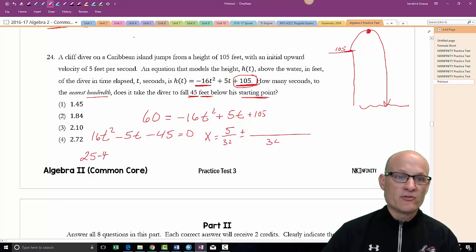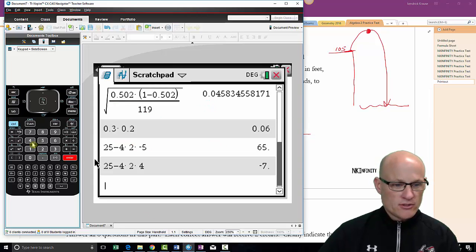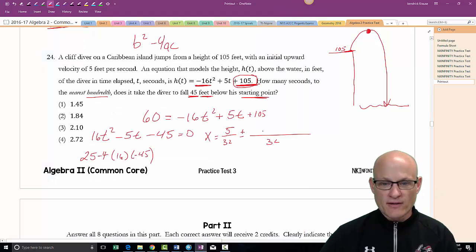Remember, the discriminant is b squared minus 4ac, right? That's 25 minus 4 times a times c, which is negative 45. So 25 minus 4 times 16 times negative 45 is 2905.